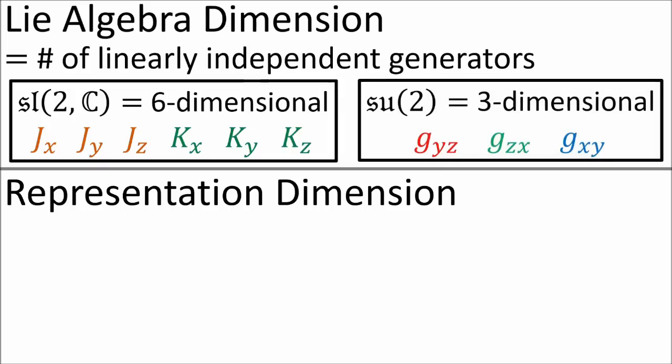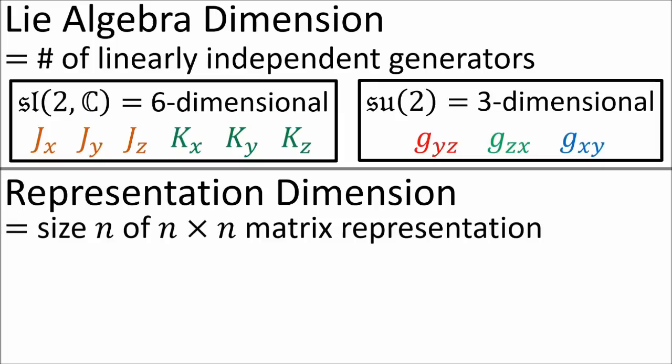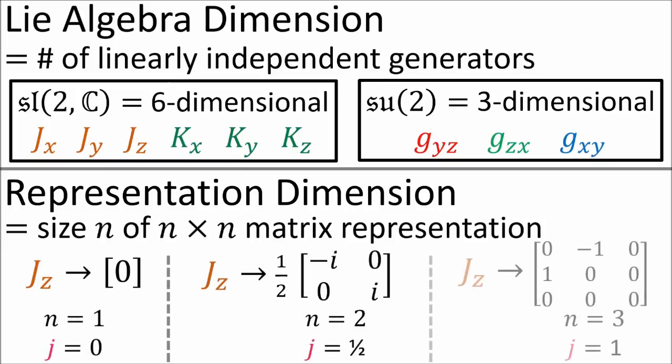Similarly, SU2 is a 3-dimensional Lie algebra because it has 3 generators. The dimension of a representation, however, is the size of the matrices used in a matrix representation. So while the SL2C Lie algebra is always a 6-dimensional algebra, its matrix representations can have different dimensions, like 1, 2, 3, and so on.